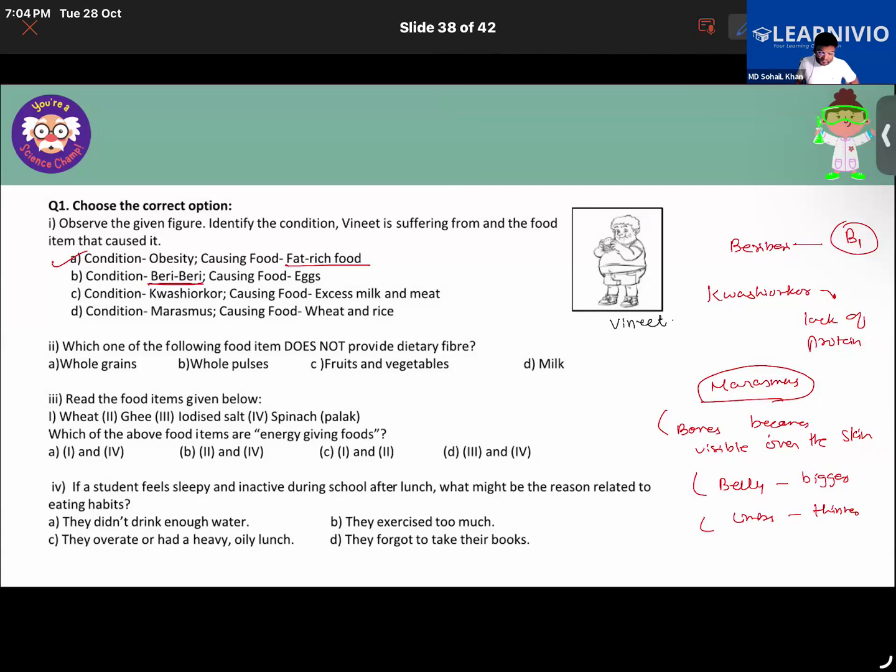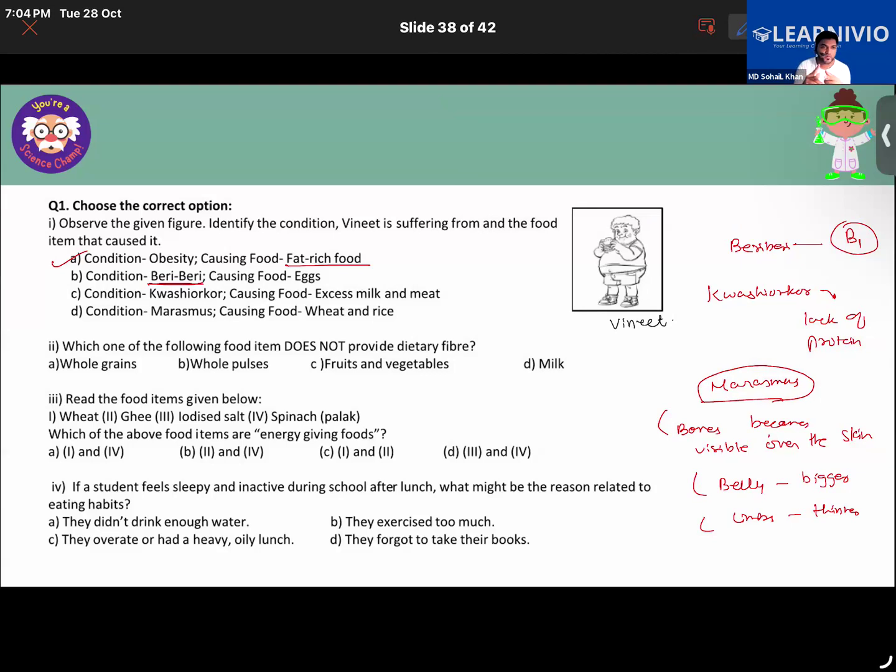Let's take a look at the next question. Which one of the following does not provide dietary fiber?